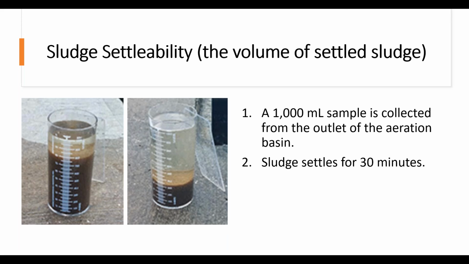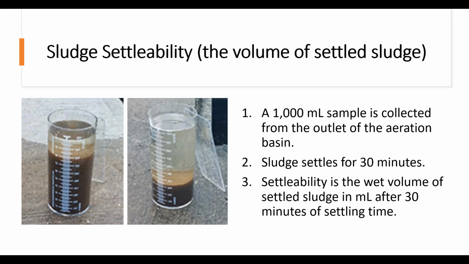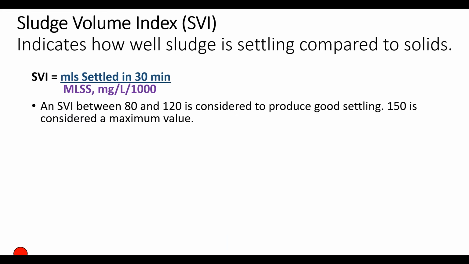Sometimes this is called the SV30. And then looking at the volume of the settled sludge in milliliters. I'll give you an example here in a second, but we're going to use that to calculate the sludge volume index.